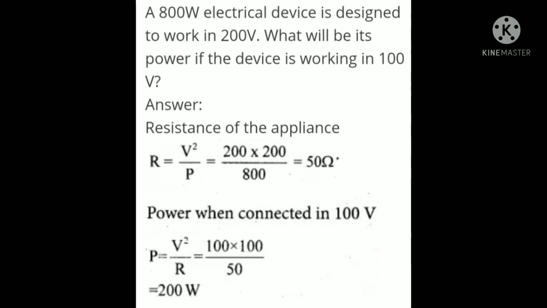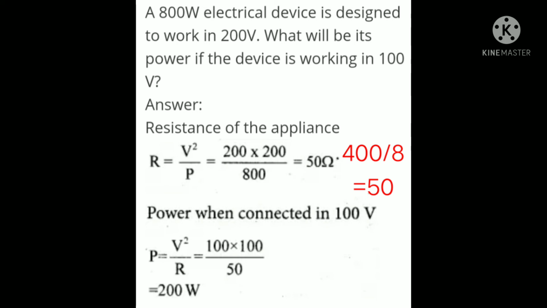Then resistance of the appliance R is equal to V square by P. We got 200 into 200 divided by 800. We can divide 2 zeros from 800 and 2 zeros from 200. So we got 400 divided by 8. That is equal to 50 ohm.